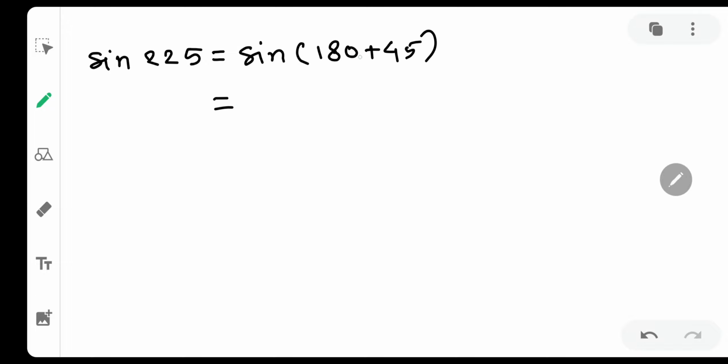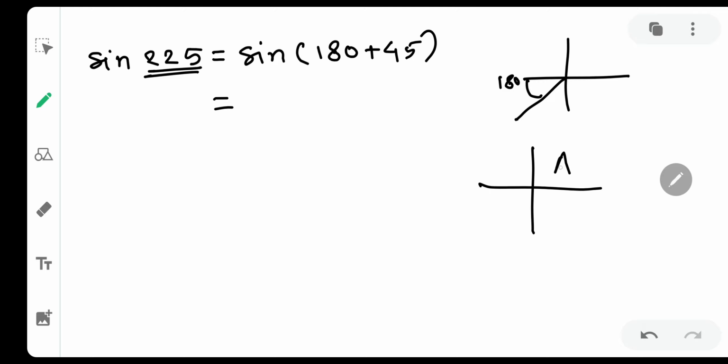Now as you can see, this is 180 plus theta. That means this is in third quadrant. As you can see, this 225 degree lies in the third quadrant. Now in the third quadrant, as we all know, it is ASTC. Only tan and cot are positive. So this sine will be negative in the third quadrant.